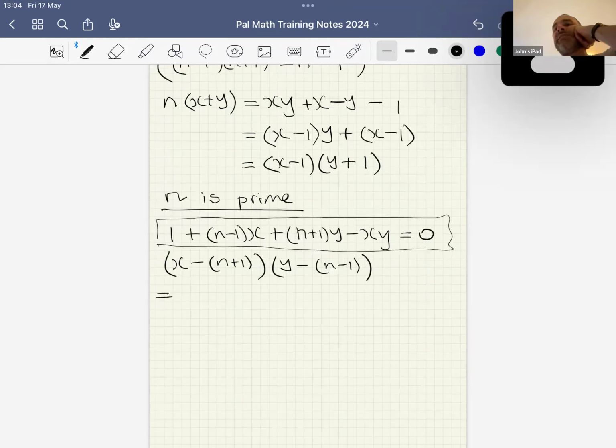I've just rewritten the original equation slightly. If I look at this expression and multiply it out, I've got the wrong sign, but I've got an xy minus (n plus 1)y minus (n minus 1)x. And then what do we have? Oh, we have our n squared minus 1, don't we?